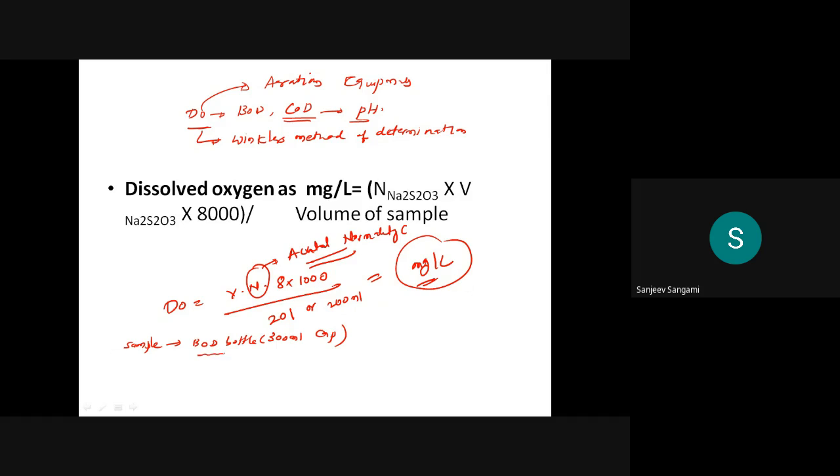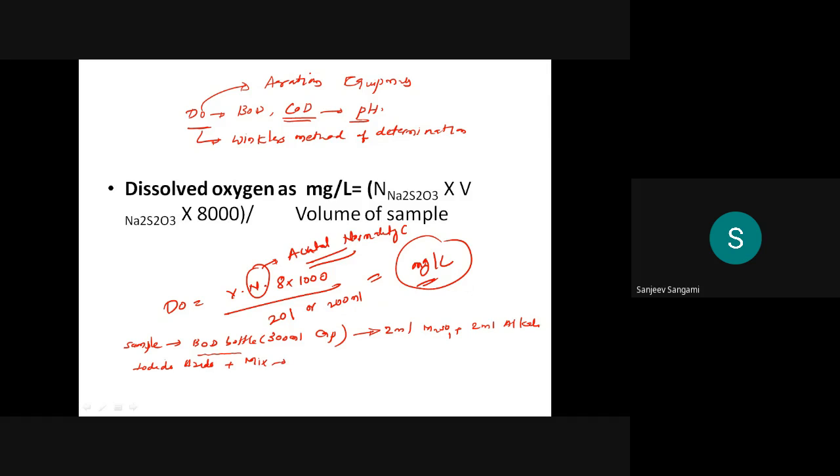Then you have to add 2 ml of MnSO4 plus 2 ml of alkali iodide azide. Then you have to mix.